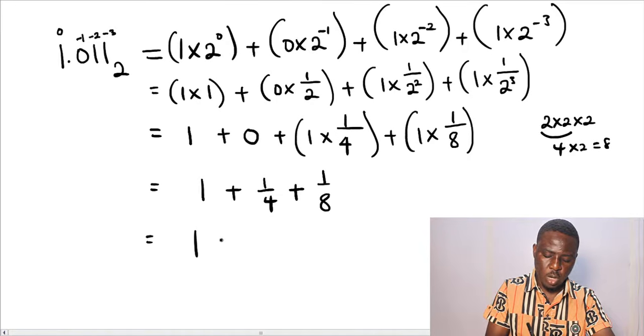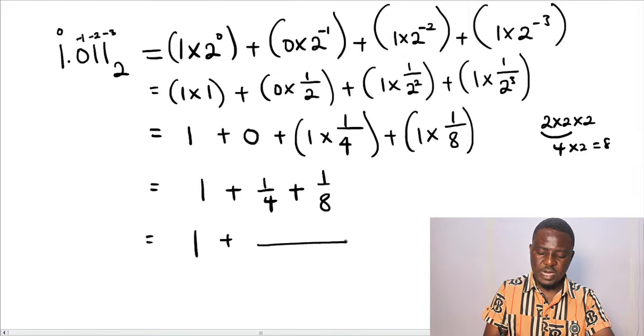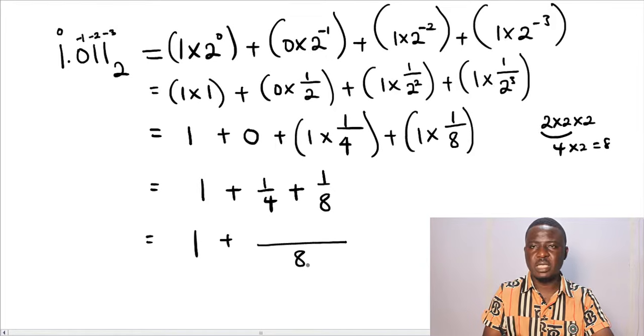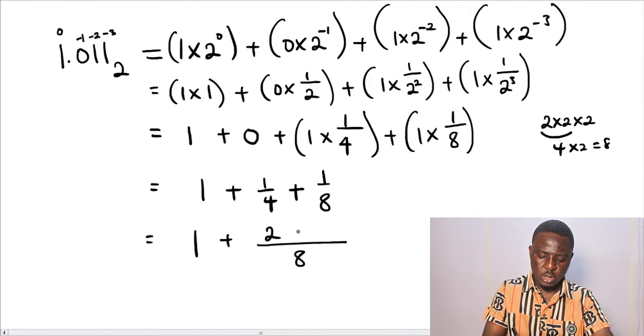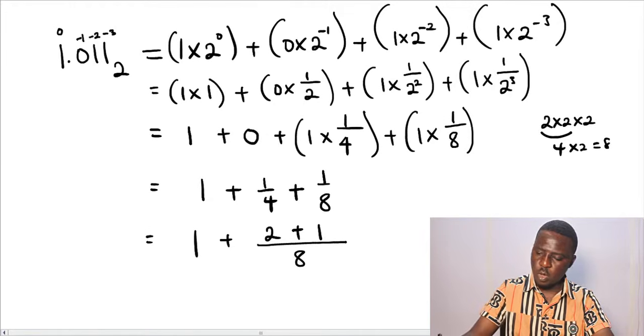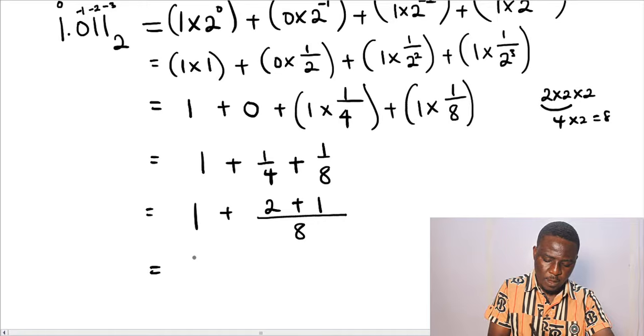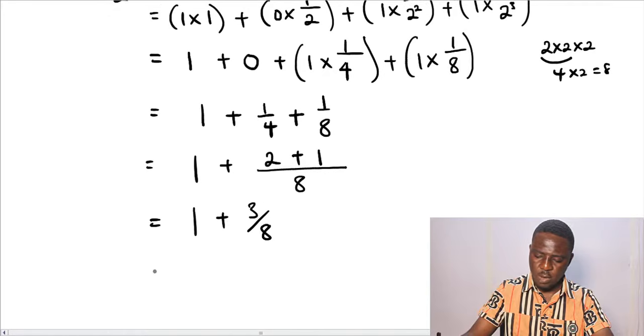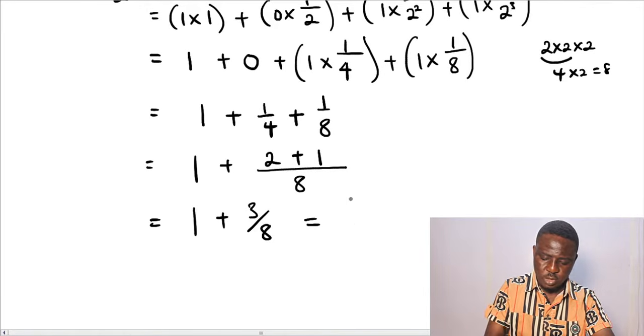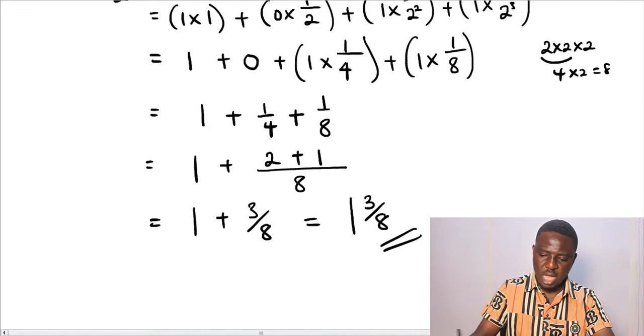This becomes 1 plus, find the LCM of 4 and 8 is 8. 4 into 8 is said to be 2. 2 times 1 is 2, plus 8 into 8 is 1, and 1 times 1 is 1. When you simplify further, you arrive at the answer 1 plus 2 plus 1 is 3 all over 8. And when you simplify, this is going to give us one whole number 3 over 8 as our answer.